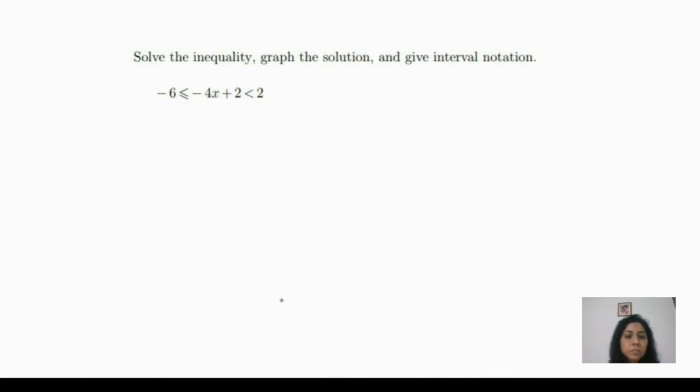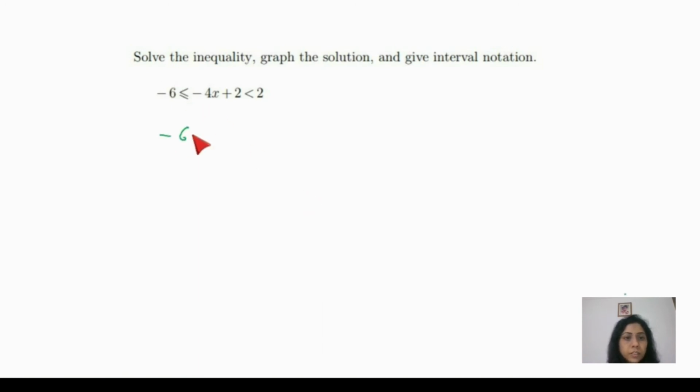So when solving this type of inequality, because there are three parts to work with, to stay balanced we will do the same thing to all three parts, and that is to isolate the variable in the middle. The graph then is the values between the numbers with appropriate brackets on the ends.